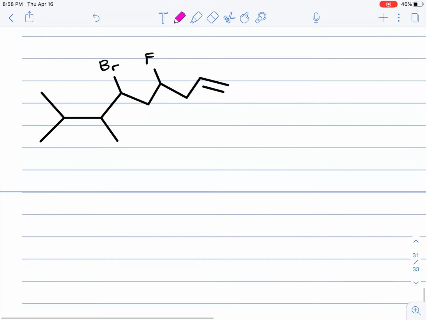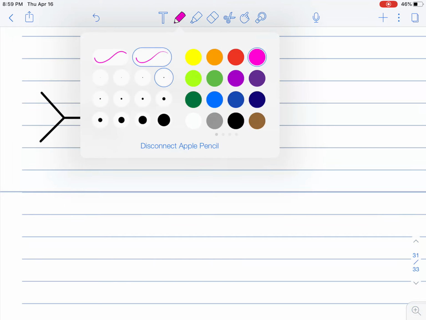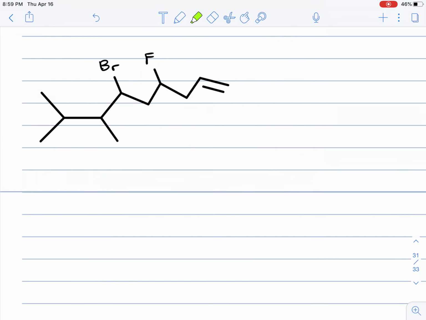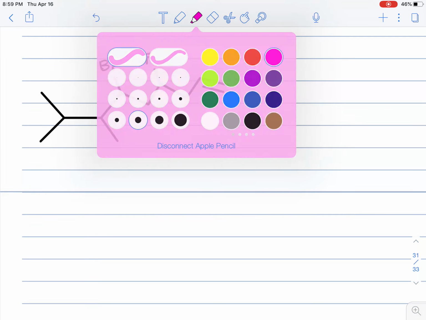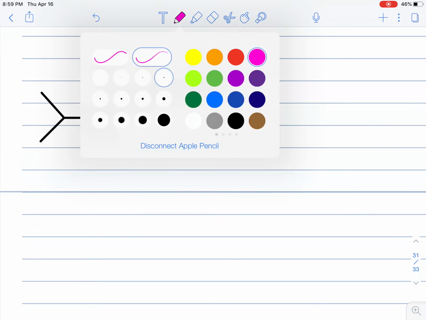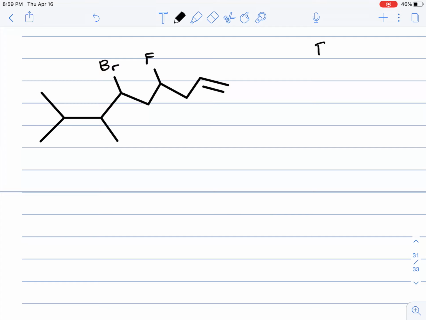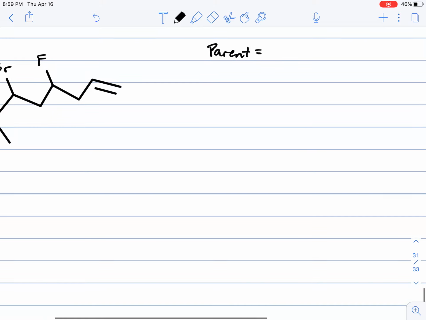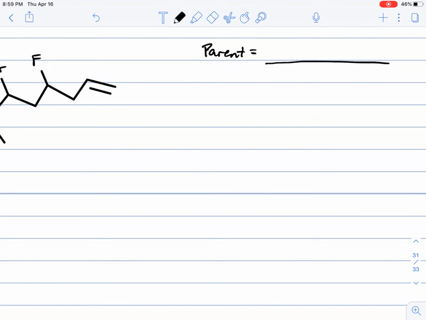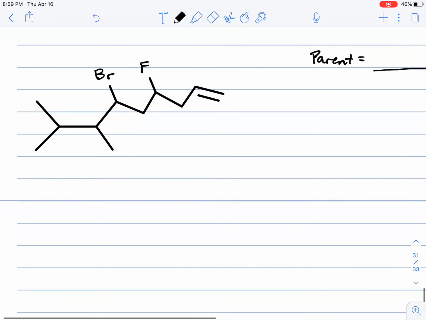So let's go ahead and look through another example. Here we're going to incorporate some halogens. So let's go ahead and start. The first thing that I want to identify is my parent, my longest carbon chain. What is my parent chain? I'm going to start from left to right.